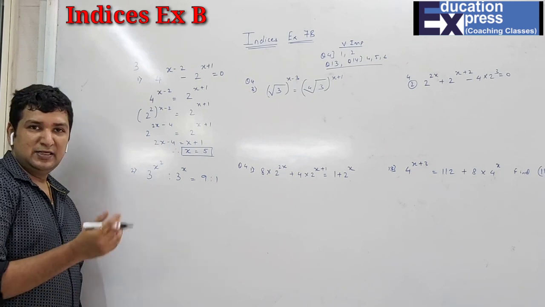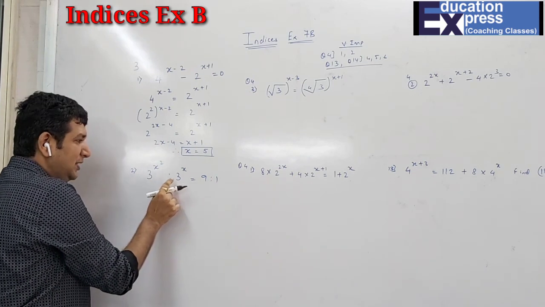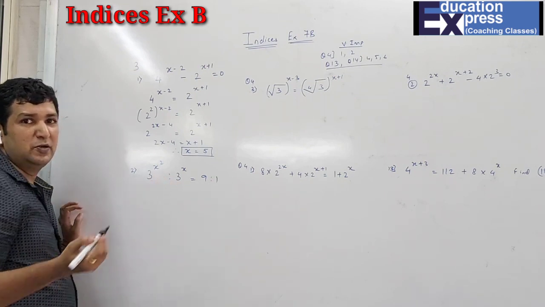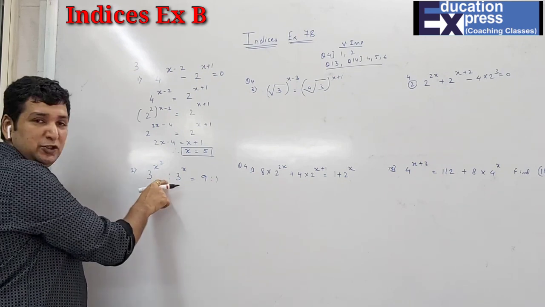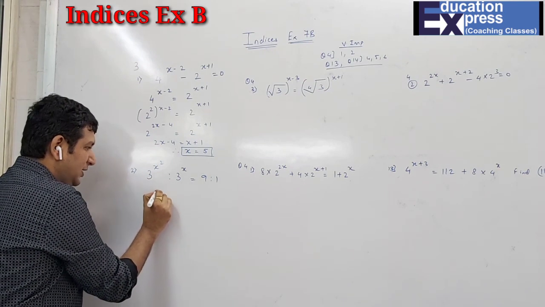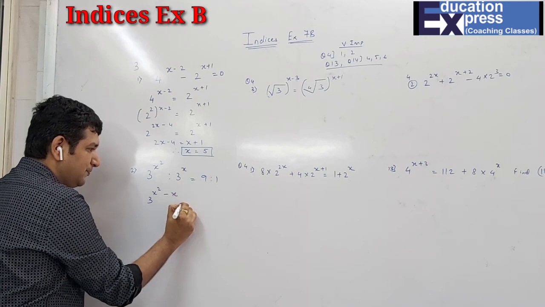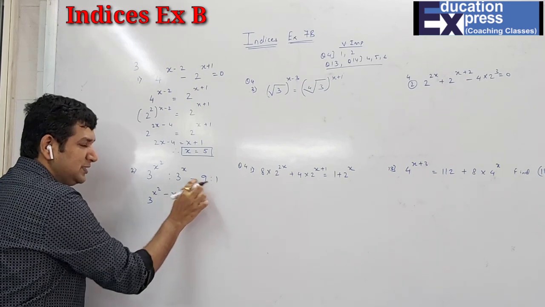So exactly same to same. Again over here, you can see the bases are same and then a form of a ratio. Ratio means what students? Division. This means ratio and ratio means division. So 3 raised to x squared, division means what students? Minus x equals, what is 9?